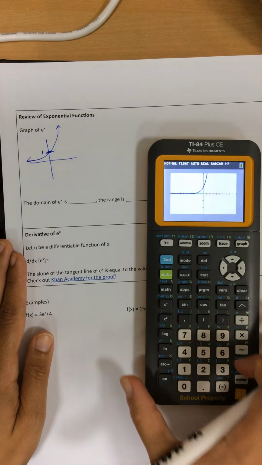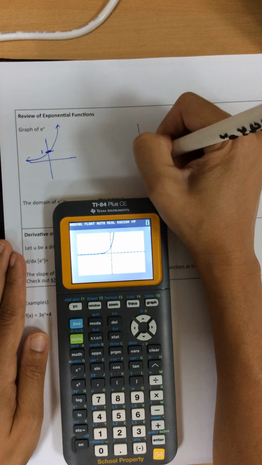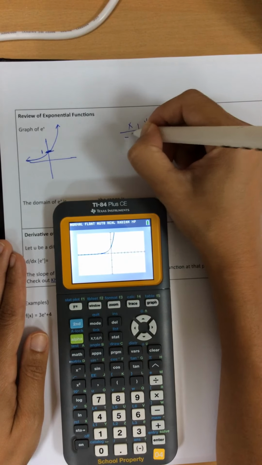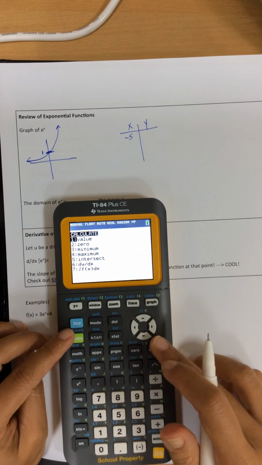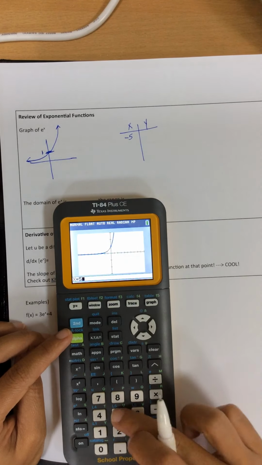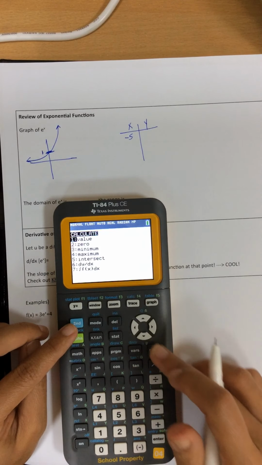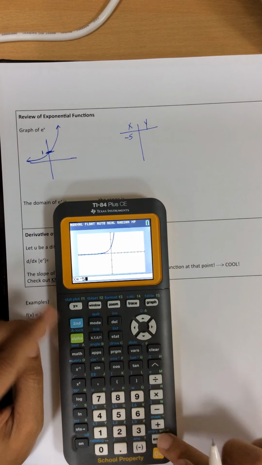Okay, so if we made a table of points here, say x and y, if I evaluated this at negative 5, I forgot my negative. Negative 5, what's the value of the function?